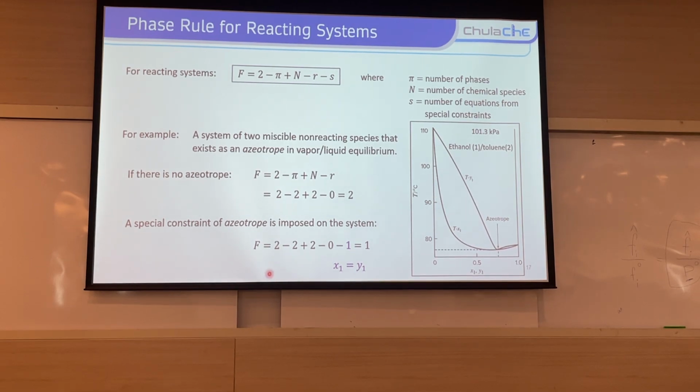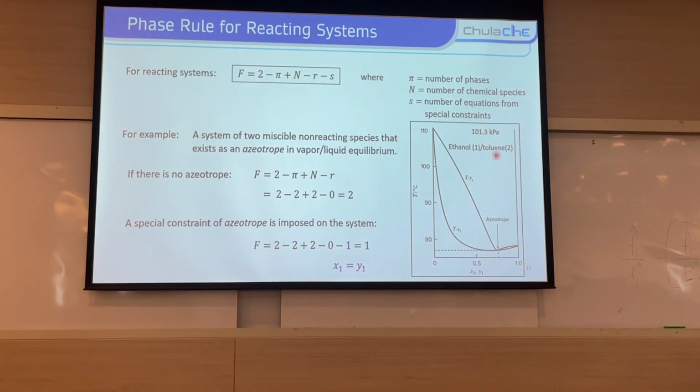So in this case, the degree of freedom is equal to 1. It means that if you fix the pressure here, for example, in this graph it is 101.3 kilopascal, then another parameter will be fixed with the fixed pressure.